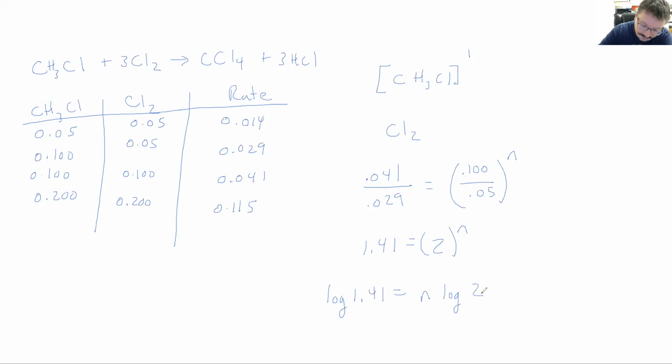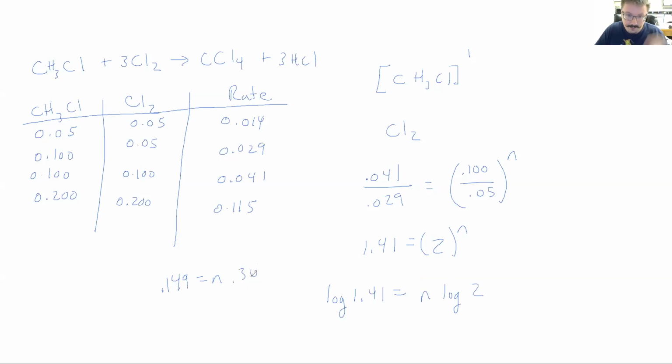If I do that, what I should get is 0.1149 equals N times the log of 2, which is 0.30.